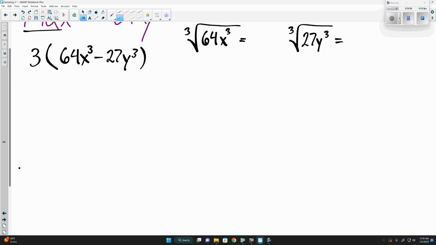We'll go on and do this anyways, even though we know these are both perfect cubes. The cubed root of 64 is 4, and the cubed root of x to the third is x. The cubed root of 27 is 3, and the cubed root of y to the third is y.